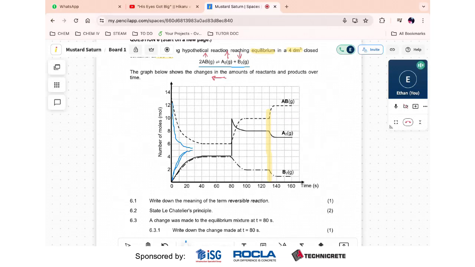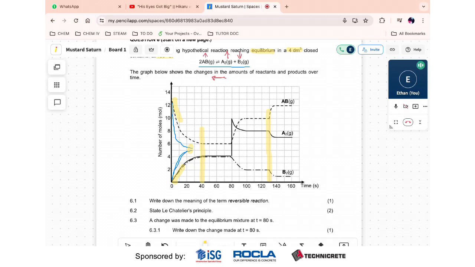So the graphs become horizontal quicker. So in less than 40 seconds, so previously it took about 40 seconds here for the graphs to level out. But now with the catalyst, first of all, we have steeper gradients and the graph becomes horizontal a lot quicker. And both the forward and the reverse reaction rates are equally increased.